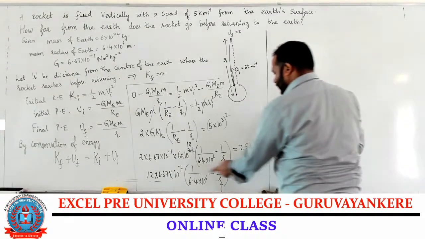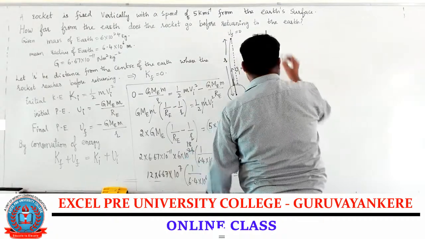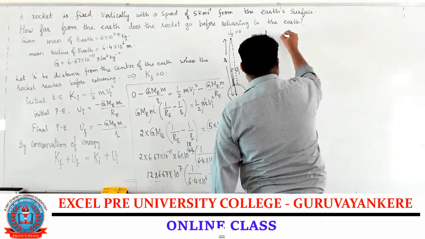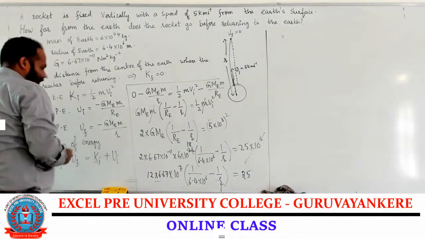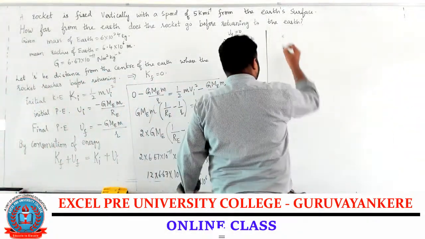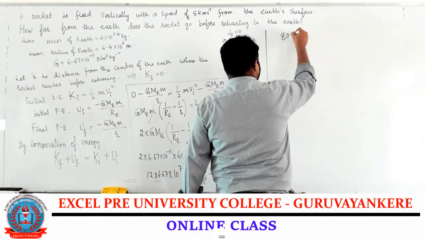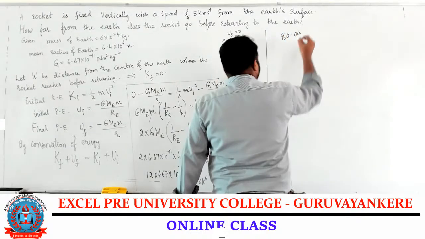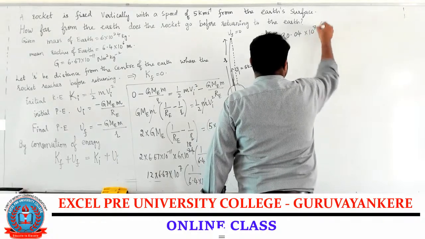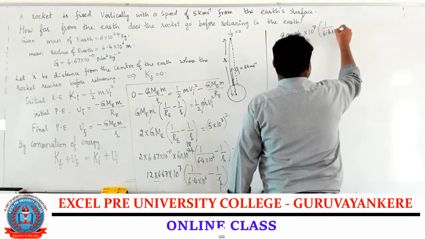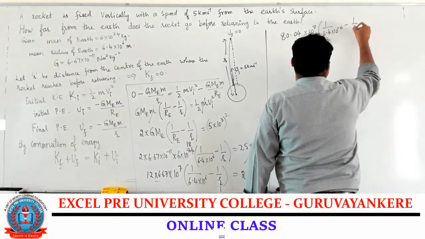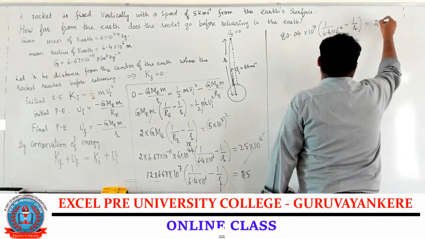Now, see, what I do is, this I can multiply, 12 into 6.67, so 12 into 6.67, 80.04 into 10 to the power 7, 1 by 6.4 into 10 to the power minus 6 minus 1 by r is equal to 25.